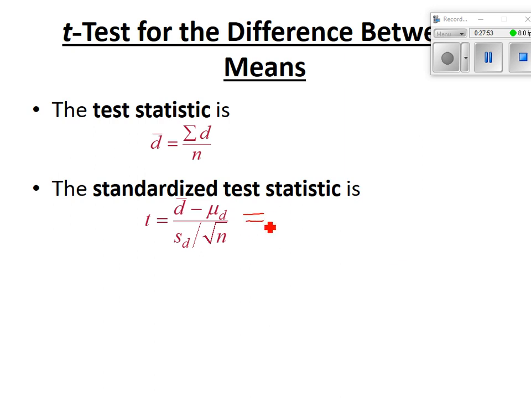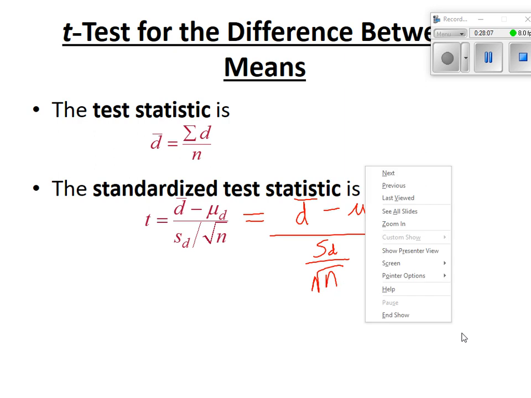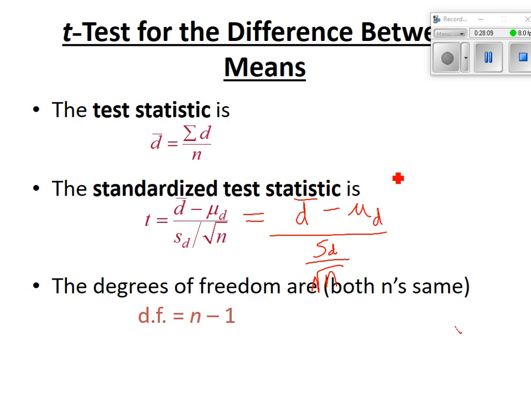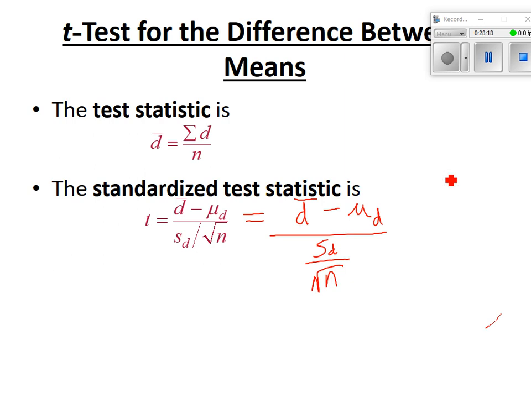So T equals, I'm going to rewrite this, D bar minus mu D over SD divided by the square root of n. That SD is that big formula. So that's your formula. Get rid of that so you can see that.